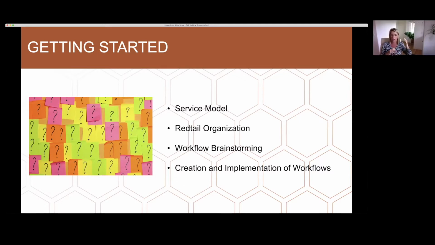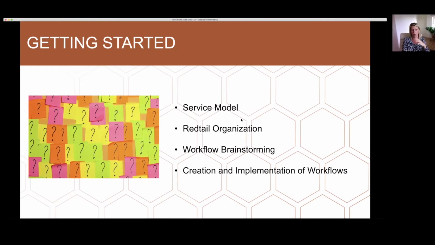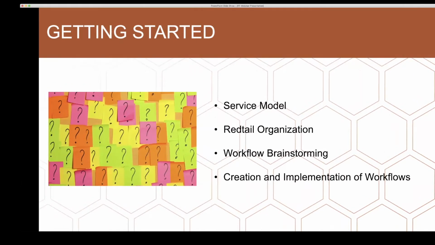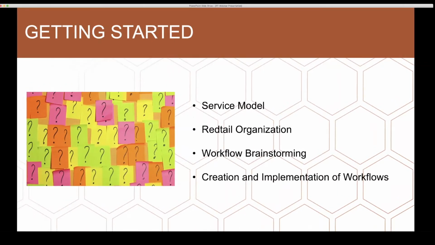Start thinking about who are the players and what are the pieces that need to be done in order to run a review meeting. We'll get into a little bit more detail on that, but high level, these are the big items we need to check off first before we're able to get into the workflow creation part.